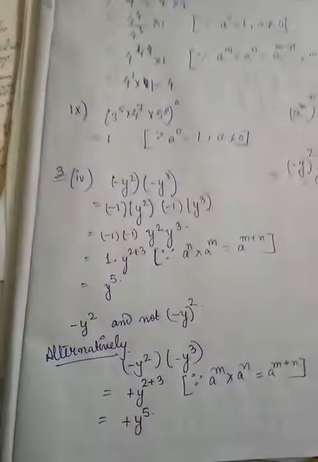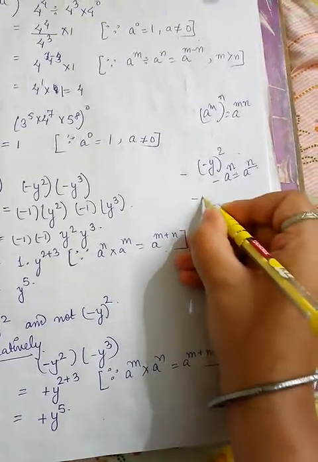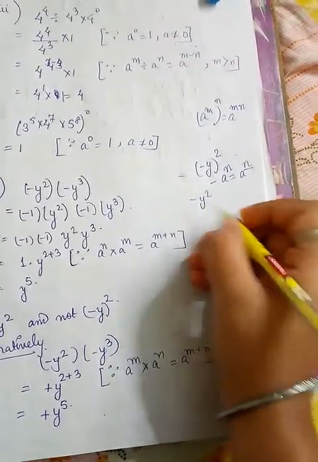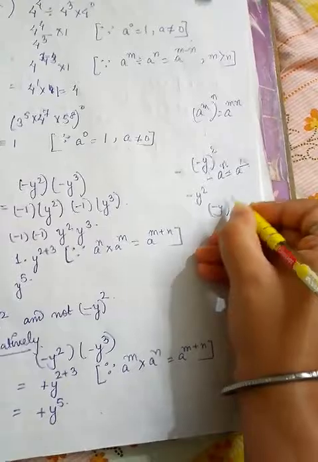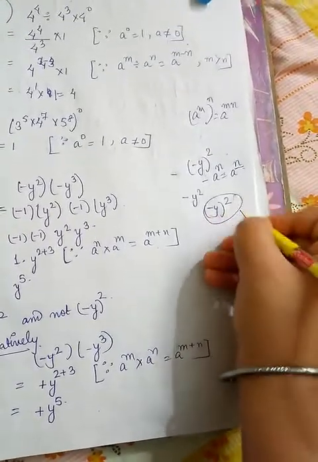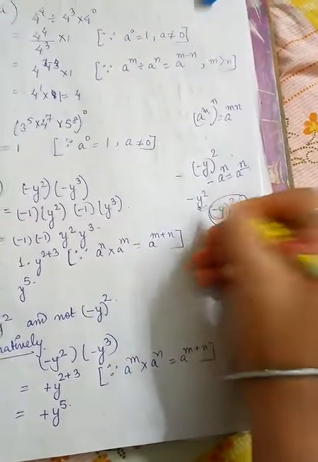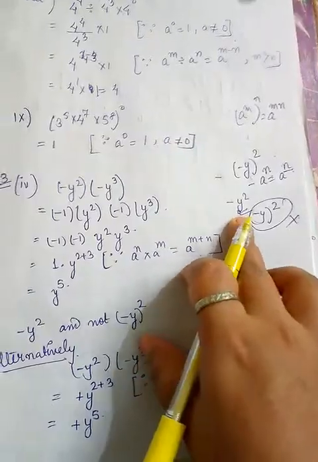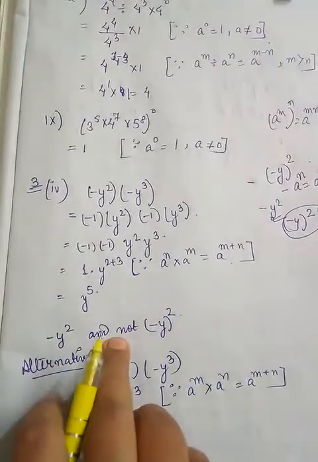What I am repeatedly trying to make you understand is, this is minus y square, that is, y square is negative, and not minus y whole square. I have written it here, it is minus y square and not minus y whole square.